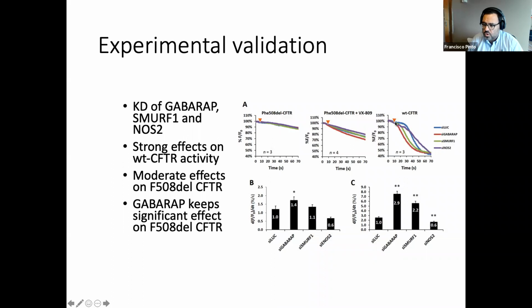So when you knock down these genes, you get a greater activity than in the wild type. But the mutant has a very low activity of CFTR. You don't see a big effect of these knockdowns. They all behave similarly to the mutant.